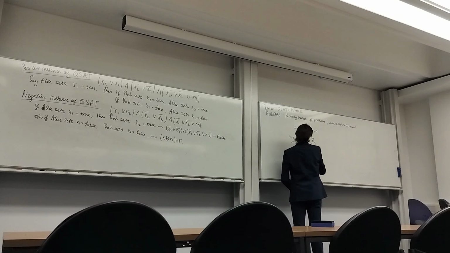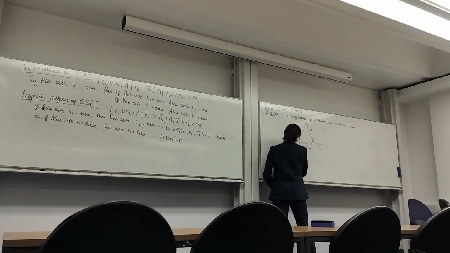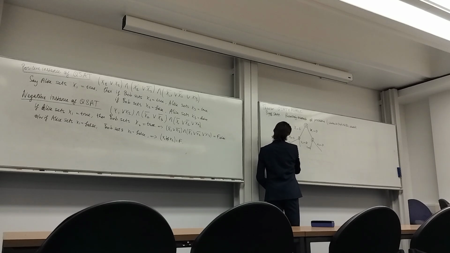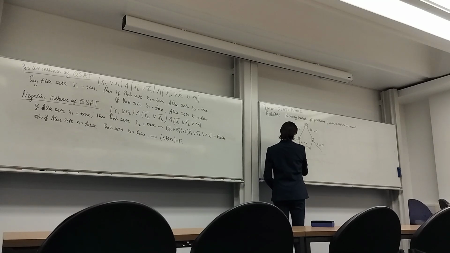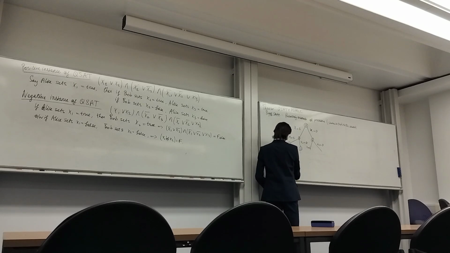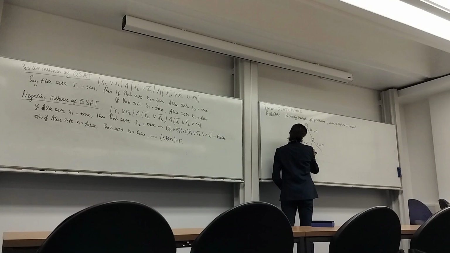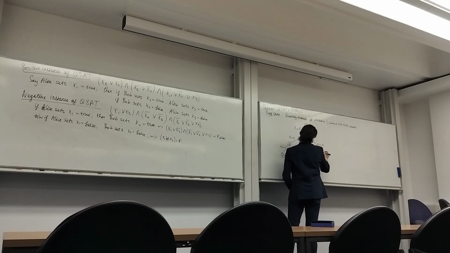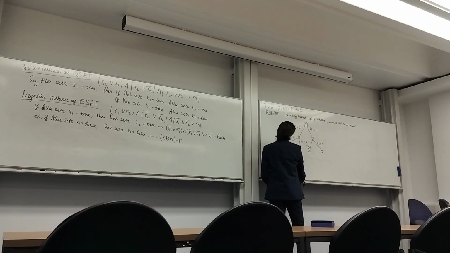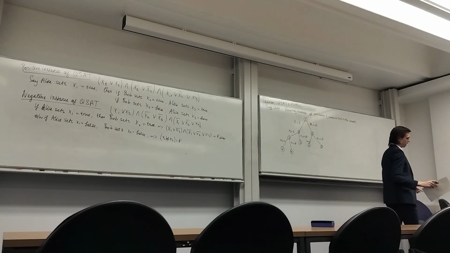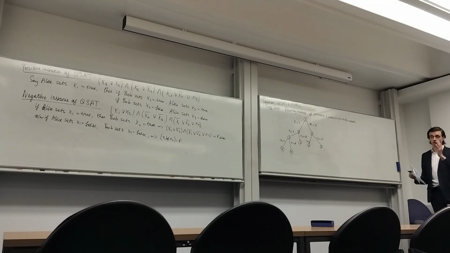And the same here, x2 is true and x2 is false. And you're going to repeat, right? Then you're going to have x3 is true and x3 is false. And this would repeat for x4 and so on and so on. Okay? So we're going to process this tree from left to right, trying all the assignments.